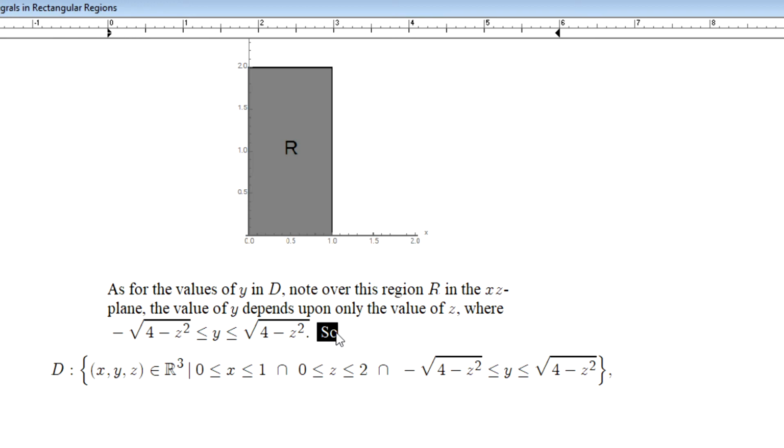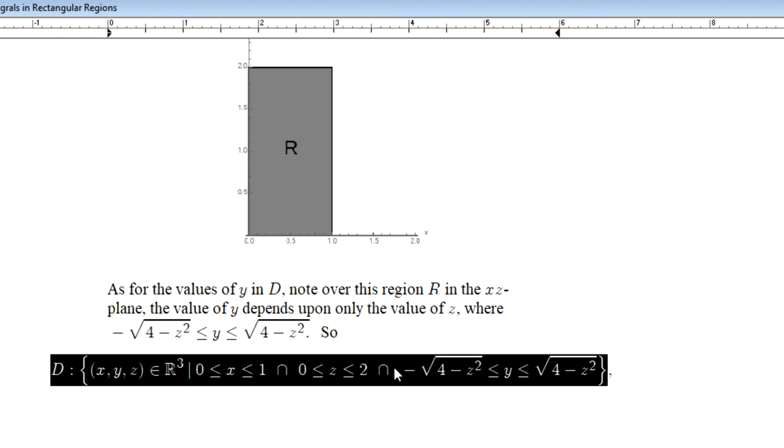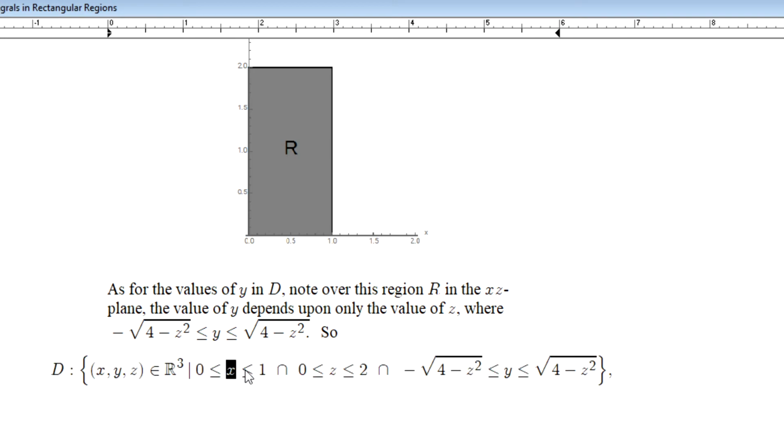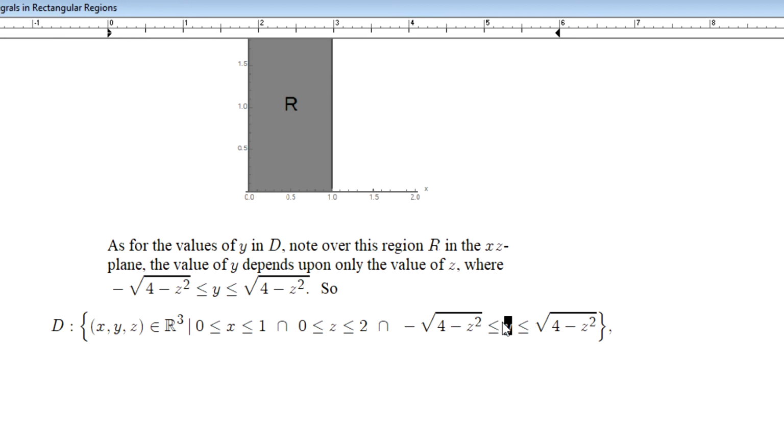So when we think about region D now in this setup, it is described by this intersection of surfaces. Well, intersection of bounds on x, z, and y. All right? That is our transformation into a summary of dv given by dy, dz, dx.